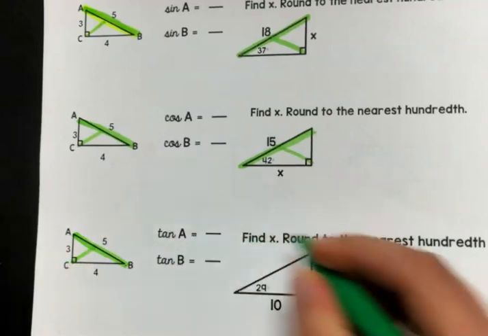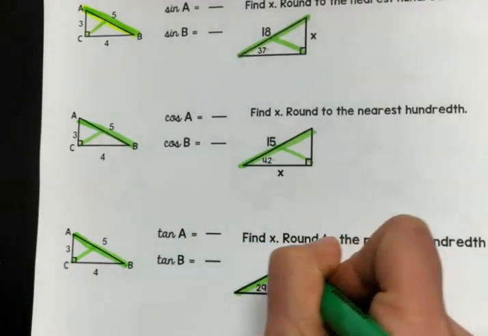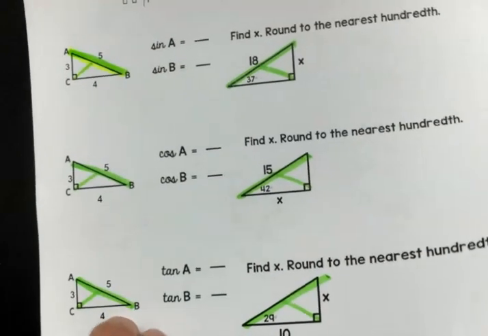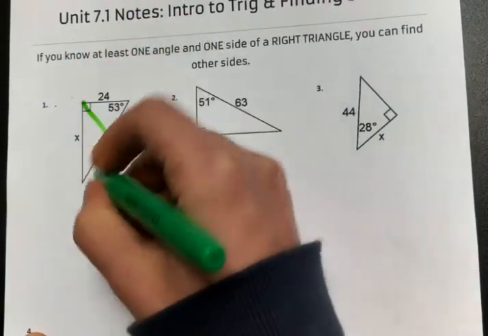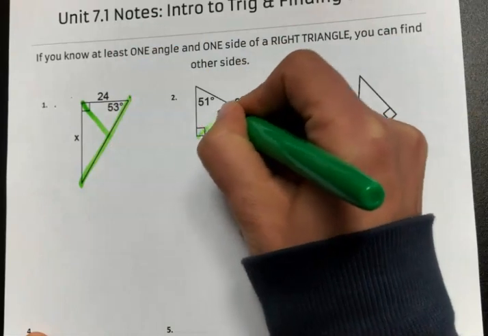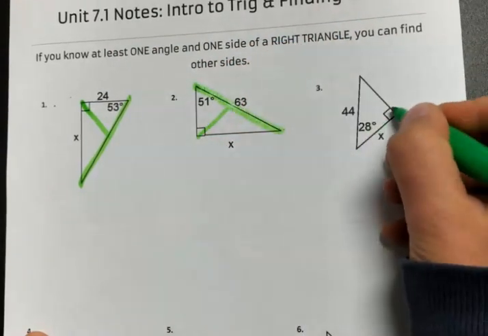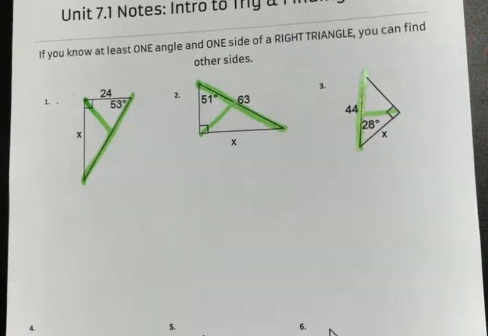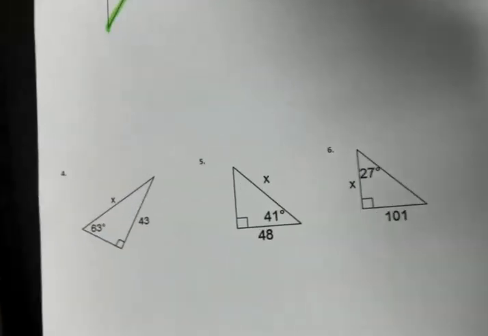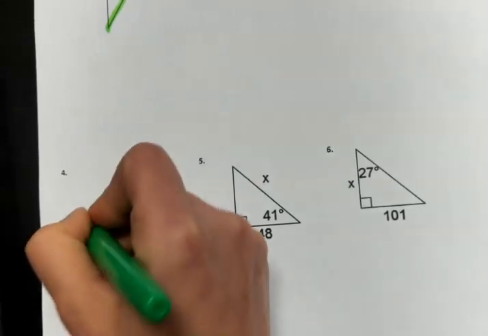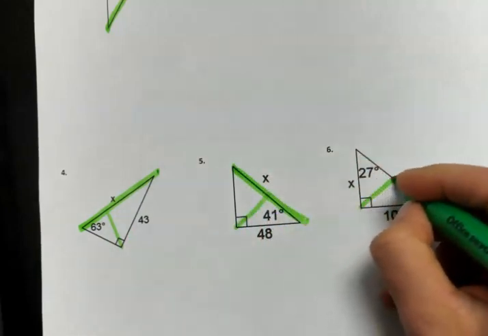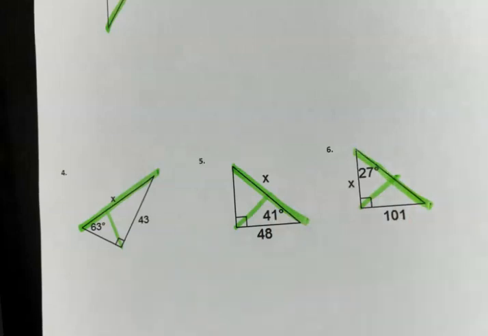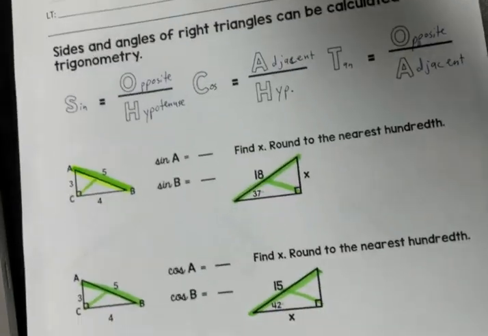Just set all of your triangles up. All right, so now that we have all of our hypotenuses set up, I'm going to go back to page 1 of the notes, okay?